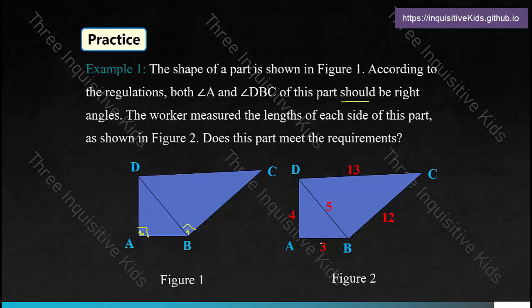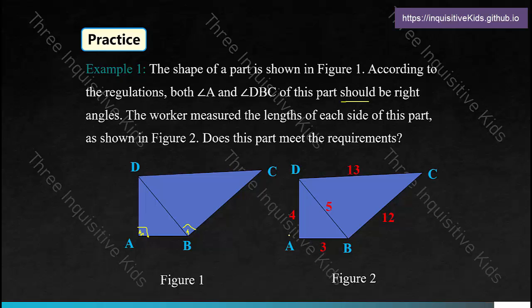Let's first check angle A. So we know that one leg is 3, another leg is 4, and the hypotenuse is 5. And remember, the inverse Pythagorean theorem says that if these apply to the Pythagorean theorem, then this has to be a right triangle.